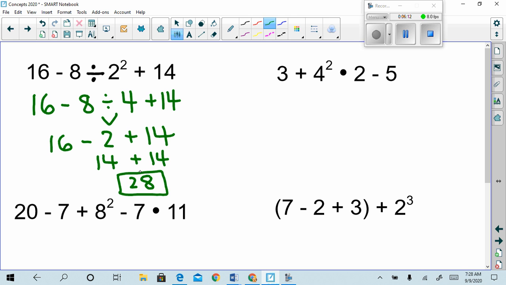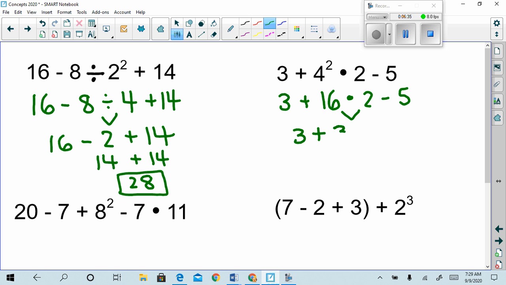All right. Next problem. Once again, I see a power, so I'm going to bring down this 3. I'm going to evaluate. 4 times 4 is 16 times 2 minus 5. There again, we have a multiplication that comes before my addition subtraction.